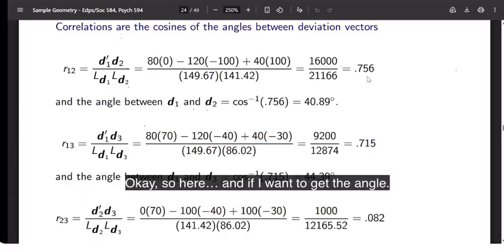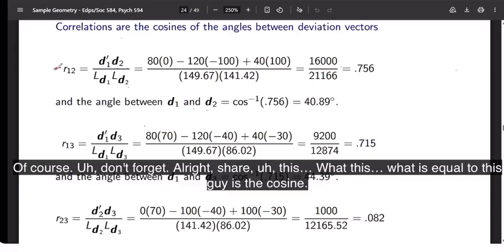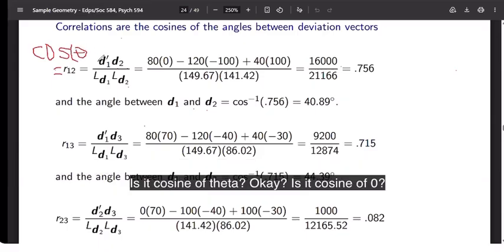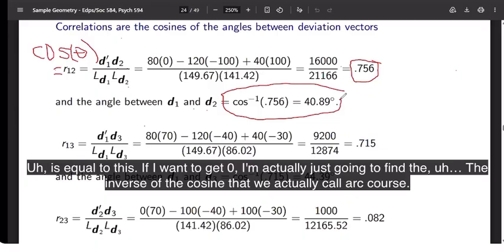If I want to get the angle, let's say for instance, if I have a correlation given like this, what is the angle? Don't forget, what is equal to this is the cosine of theta. So if the cosine of theta is equal to this, and I want to get theta, I'm just going to find the inverse of the cosine, which we call arc cos.